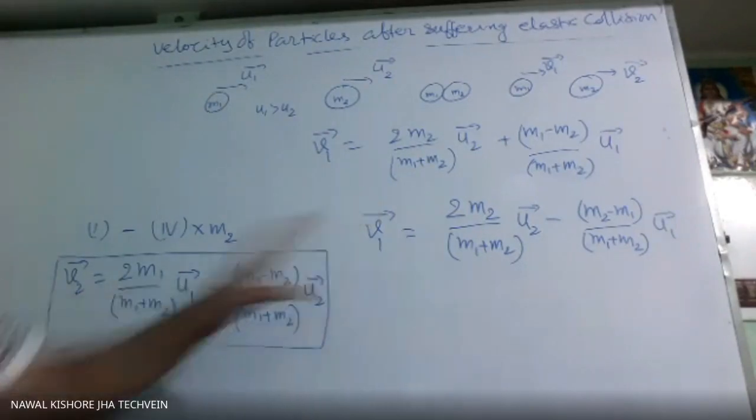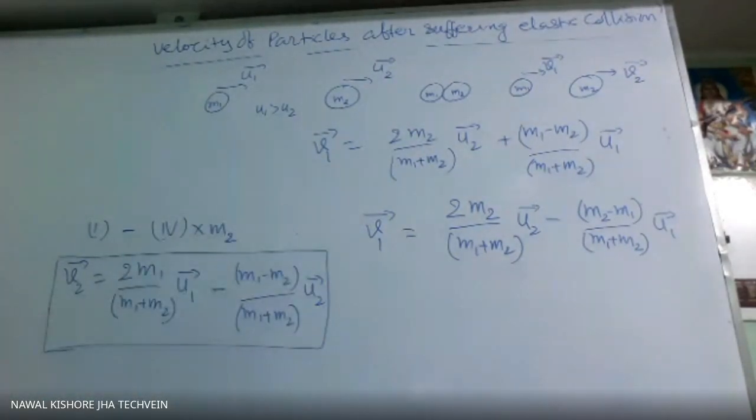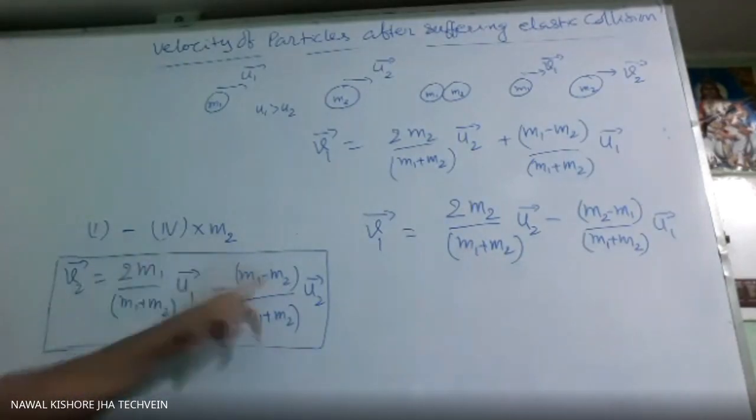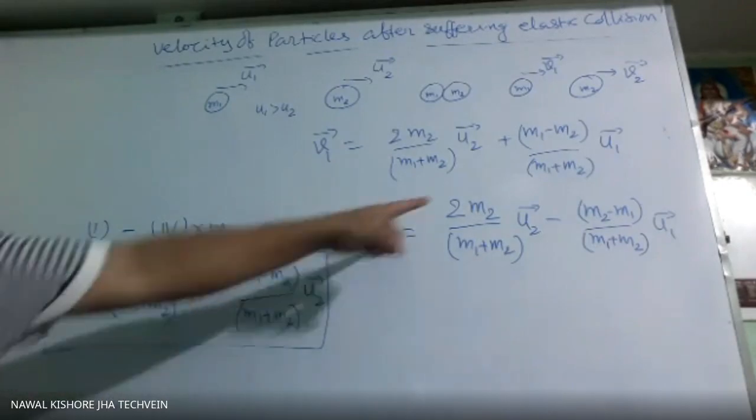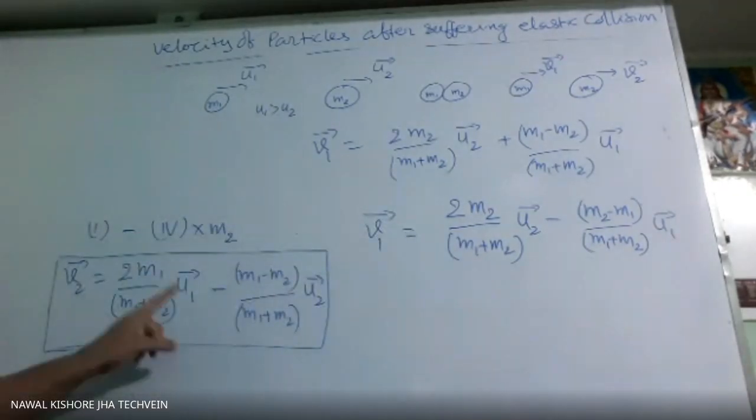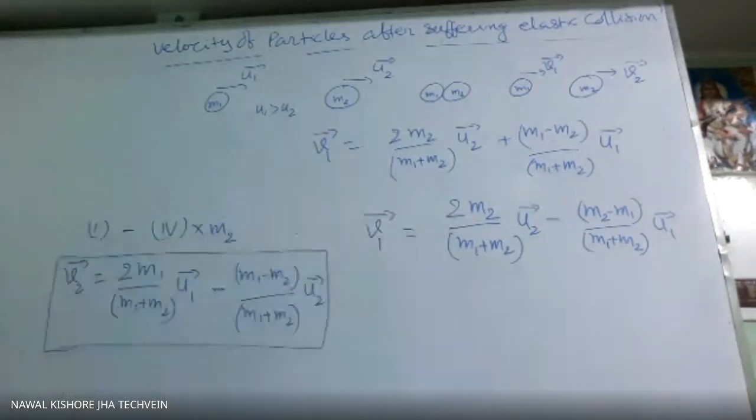So see, what is the similarity in these two equations? If you interchange the position of M1, M2, U1, U2, you will get the same thing. Here it is M1, there it is coming M2. U1, there it is coming U2.